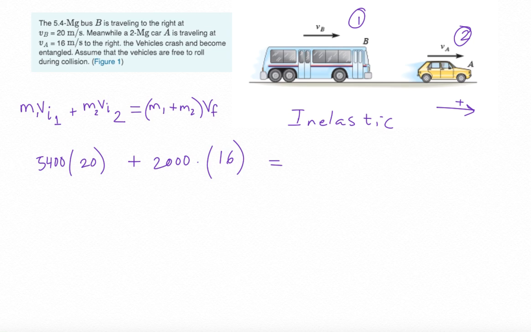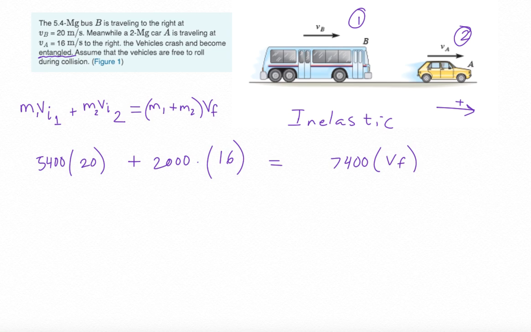This equals, as they say, they become entangled and share the same velocity, an inelastic collision. That means they're going to have a combined mass: 5,400 plus 2,000 is 7,400 kilograms, and then they're going to have their shared velocity. All I have to do now is multiply and then isolate vf.